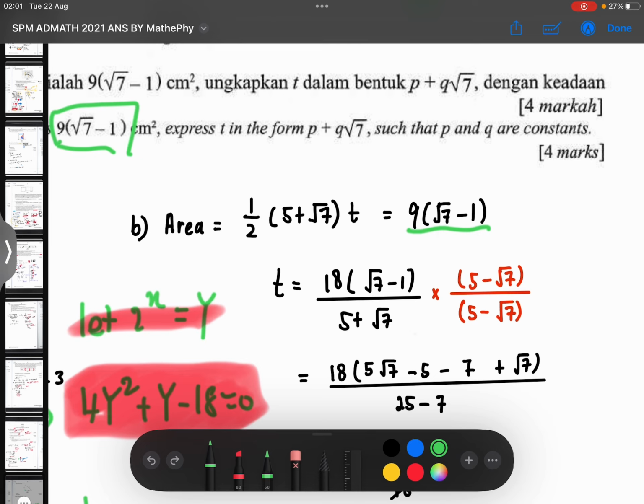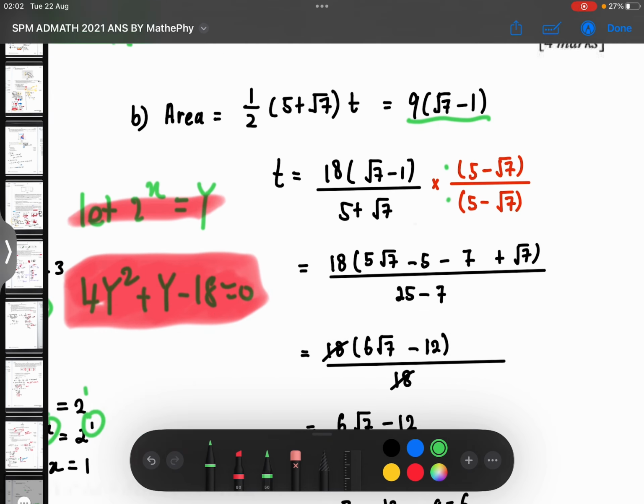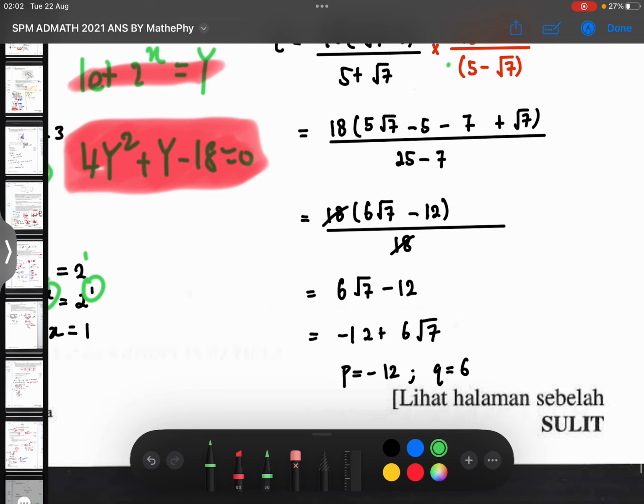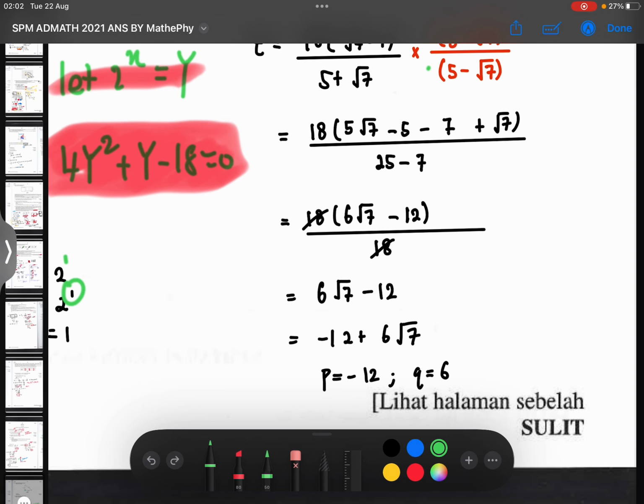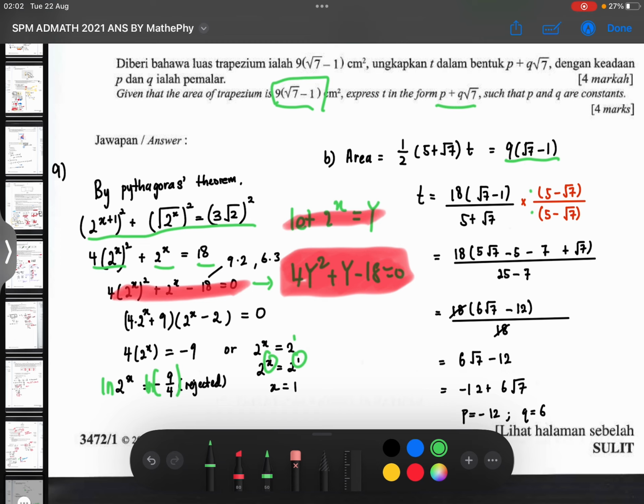But in this case, you need to get rid of the surd at the bottom. You need to multiply by its conjugate, which is 5 minus root 7, the same thing top and bottom. After multiplying and simplifying, you get 6 root 7 minus 12, or minus 12 plus 6 root 7, as the question wants. So we know p is minus 12 and q is 6.